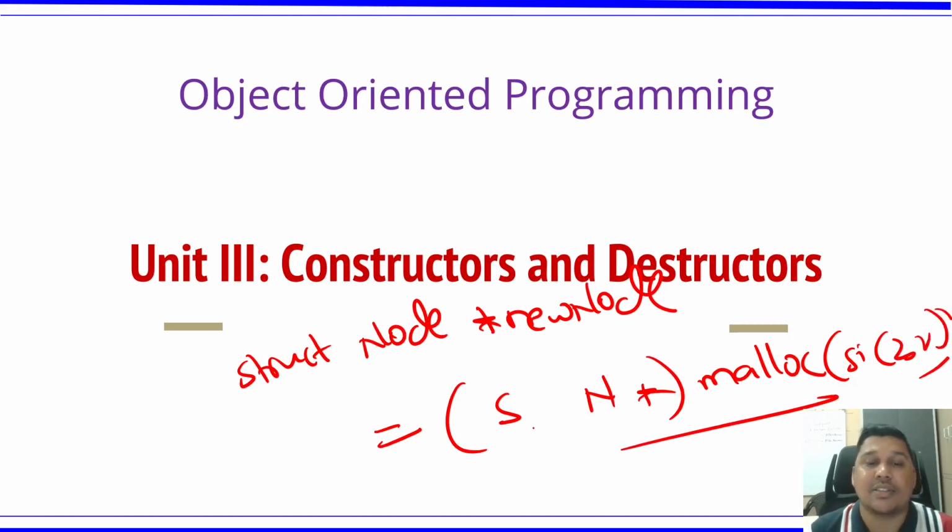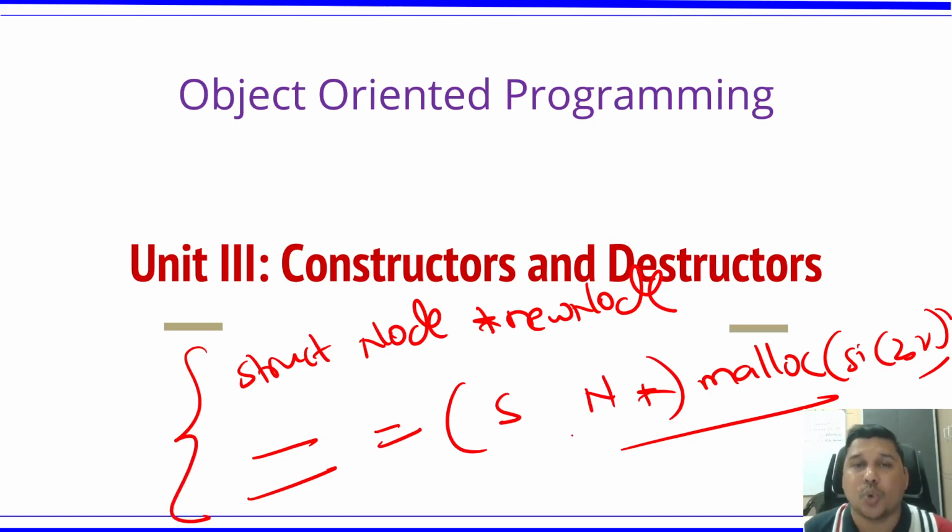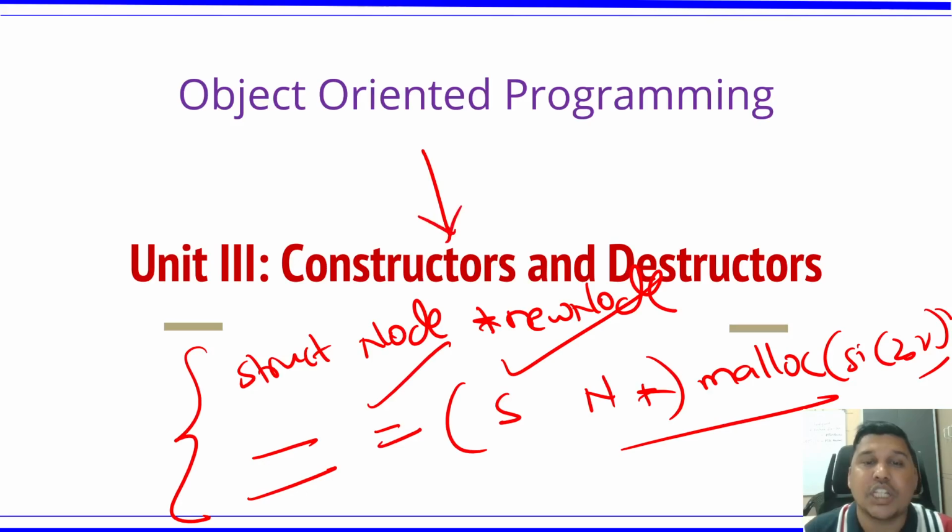There were three common statements to create a node. These three we could place inside the constructor, so as and when an object is created, a node will be created, and when another object is created, another node will be created. That way you can do it automatically. Instead of calling a function, these three statements will execute whenever you create an object, and that object will have control over this new node.